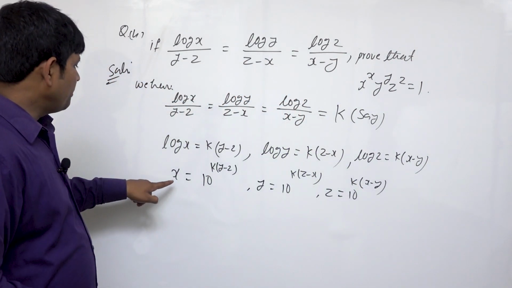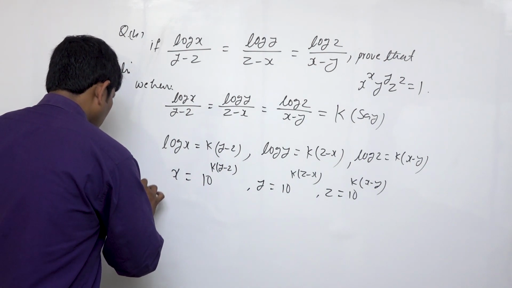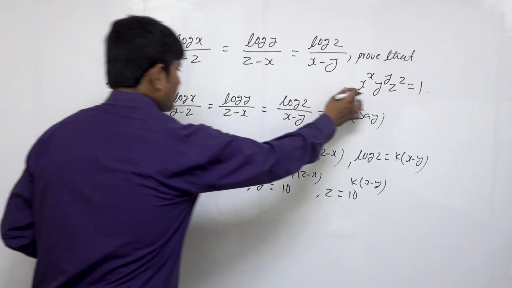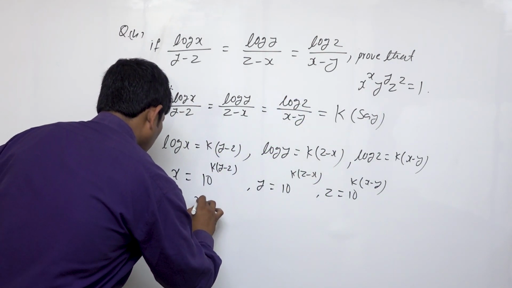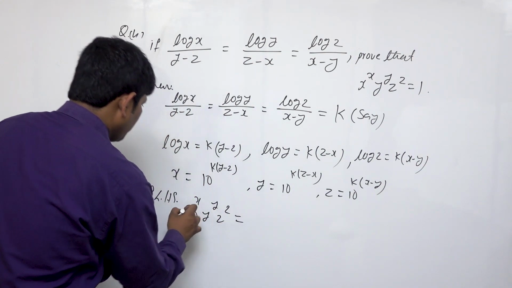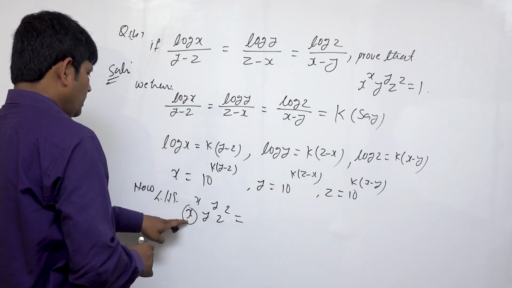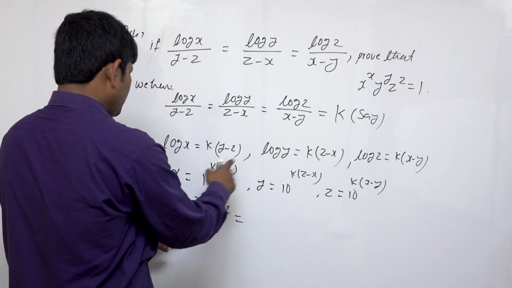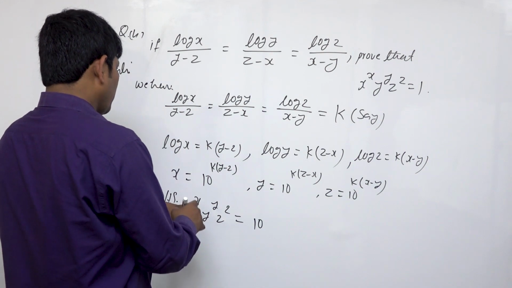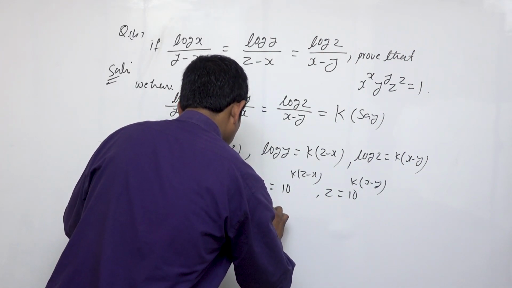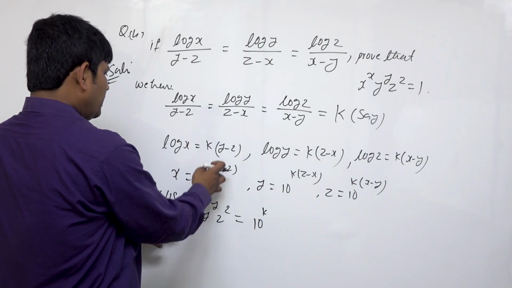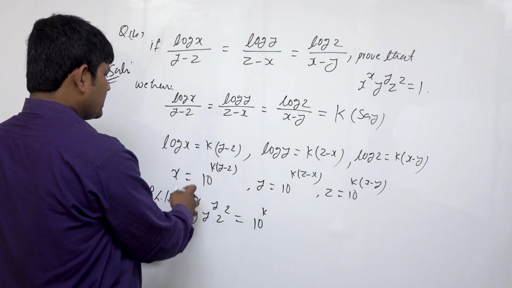Now we have to replace. Take LHS. LHS is this, x to the power x, y to the power y, z to the power z. In place of x, it is replaced by that one first. This x is replaced by 10 to the power k times y minus z, to the power x. So k times this to the power that one, and there this x gets multiplied.